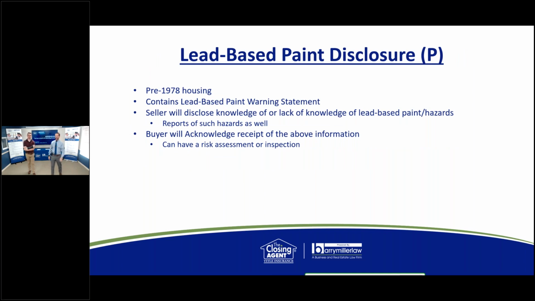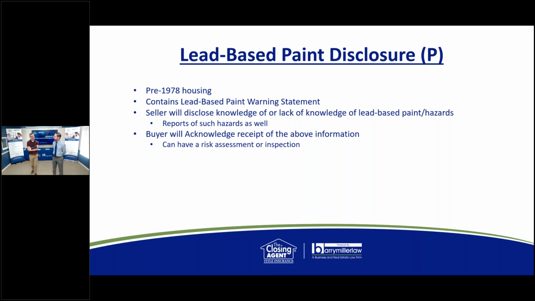Lead-based paint. Obviously, this comes up when we're concerned with houses built prior to 1978. If you've got a house built prior to 1978, you not only need to give this disclosure, it's required under both federal and Florida law. You also need to give the cute little lead-based paint warning pamphlet. I don't think I've ever had a contract come across my desk with that pamphlet actually in there.